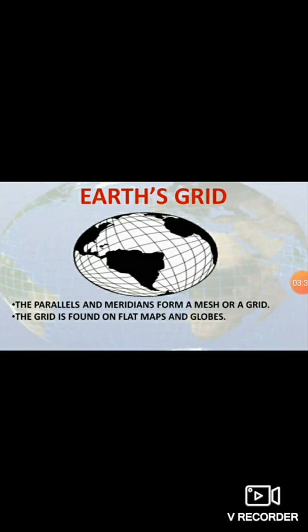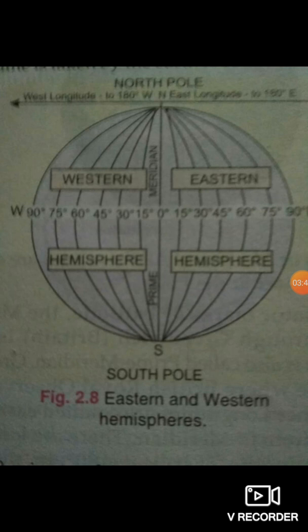You know that the sun doesn't rise at all places at the same time. We have learned that the earth rotates from west to east. It takes 24 hours to complete one rotation, that is 1440 minutes. Do you know how you got it?